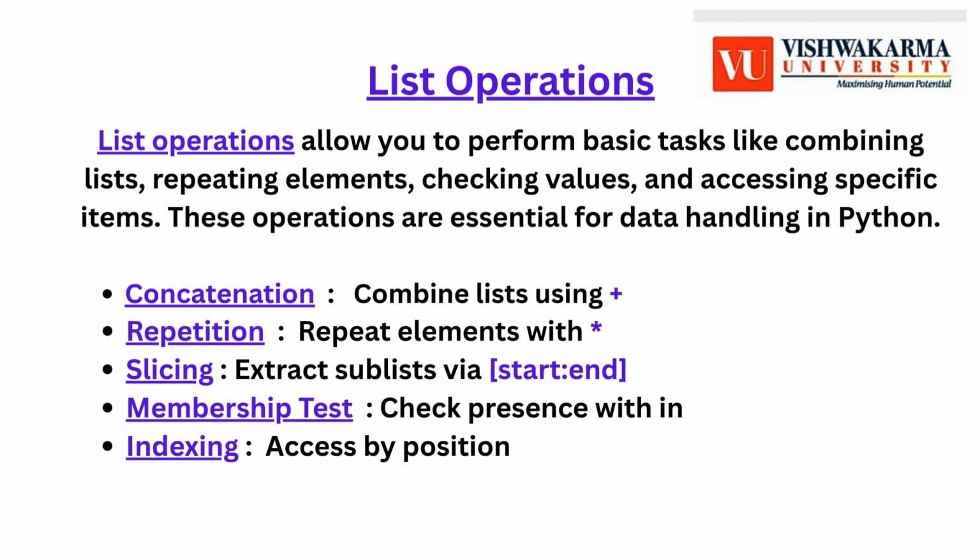Suppose we have taken 1 2 3 4, so the index of 1 will be 0 and the index of 2 will be 1. Such indexing positions are present in Python. So let's see an example for better understanding.